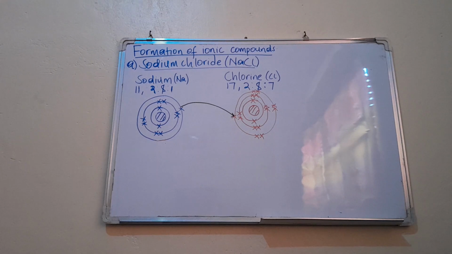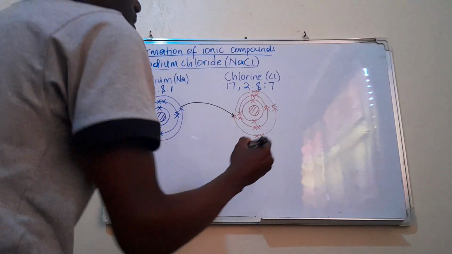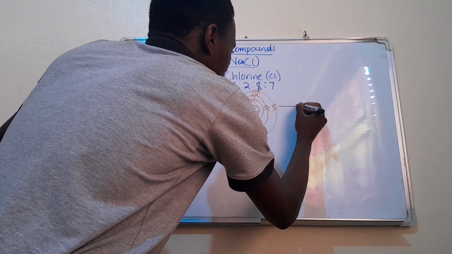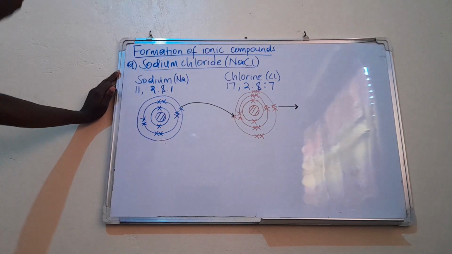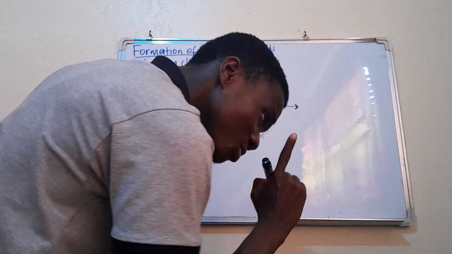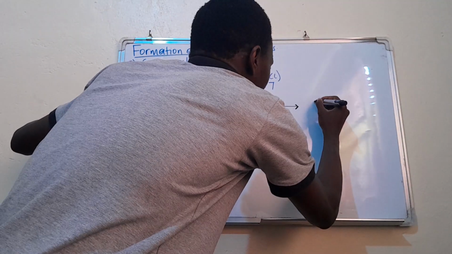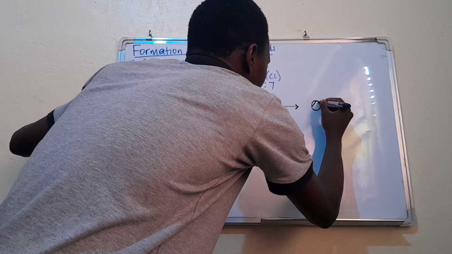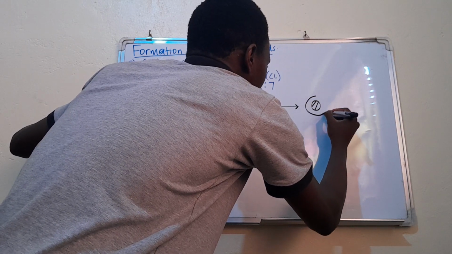So when this happens, we shall come up with this. Now the atomic structure of sodium will look like this after losing one electron.